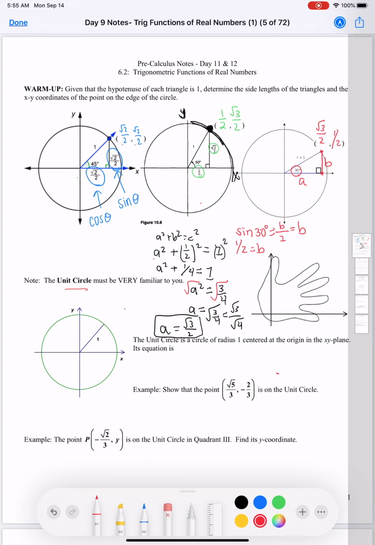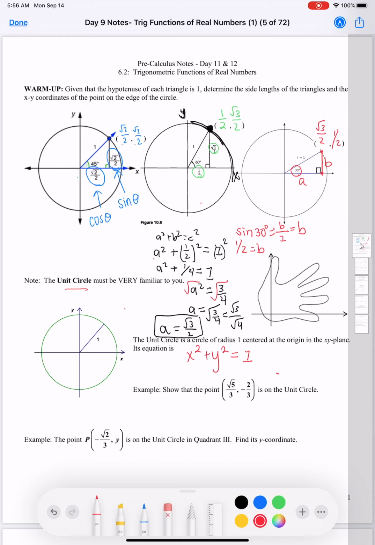We didn't get to it last year in Algebra 2, but back in geometry, we worked with these. So the equation of a circle is x squared plus y squared equals the radius squared, but 1 squared is just 1. Okay, so there is our equation of the unit circle.